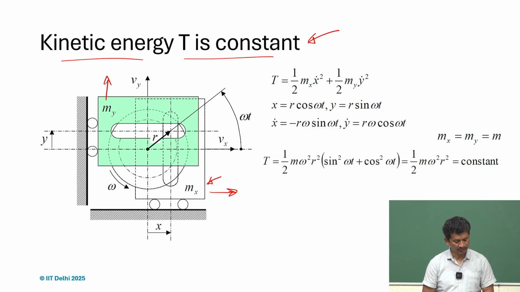But we also see that the x displacement and y displacement are coupled, connected like this. So at any given time, what is the total kinetic energy? It is half m v square.